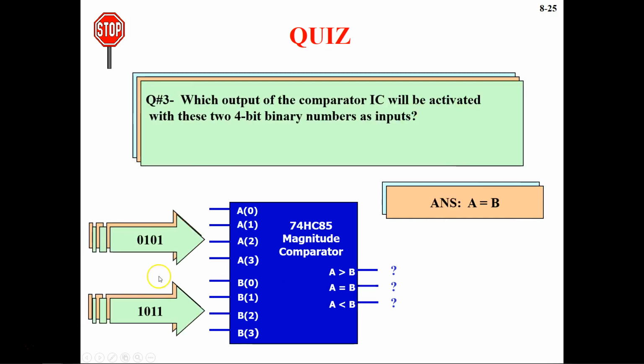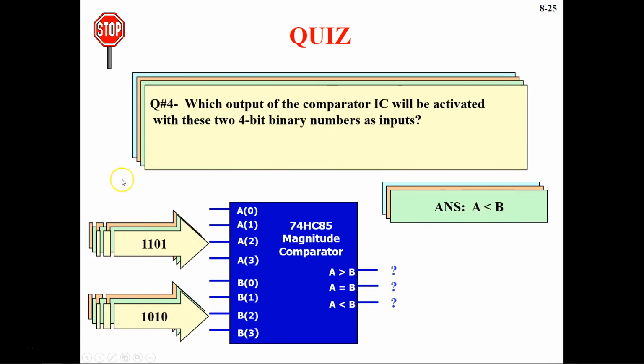Now when you have 0101 and this is 1011, in this case A is smaller than B. This is a greater binary number, this is a smaller binary number, so this is going to be A is less than B, which is this one.